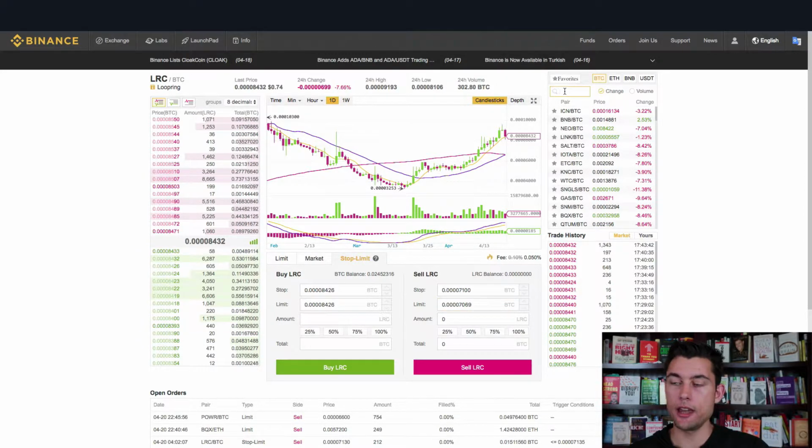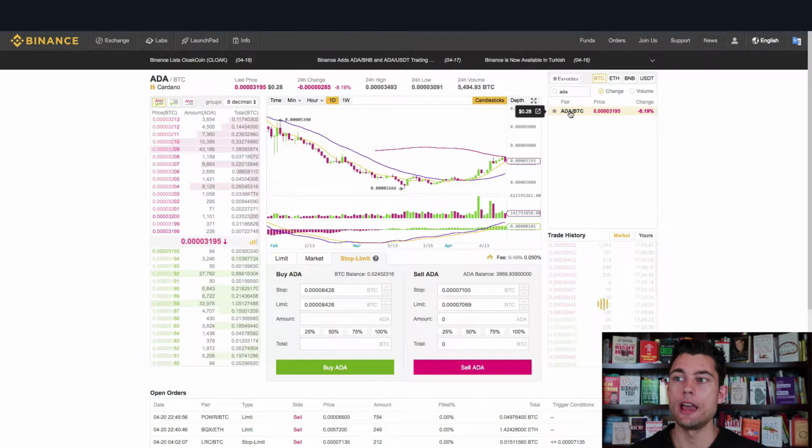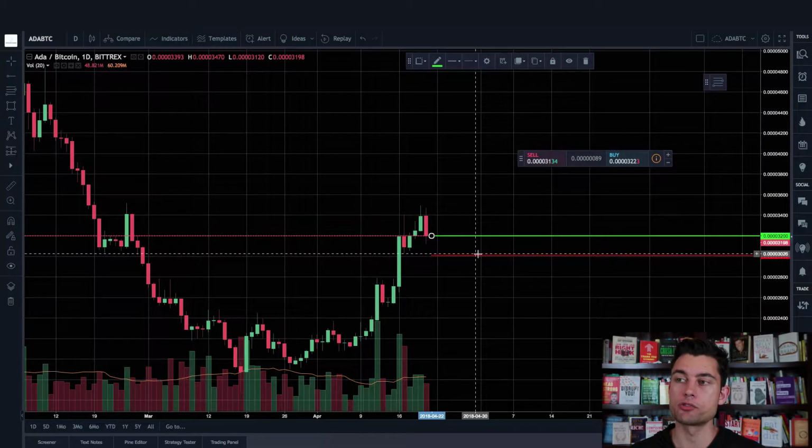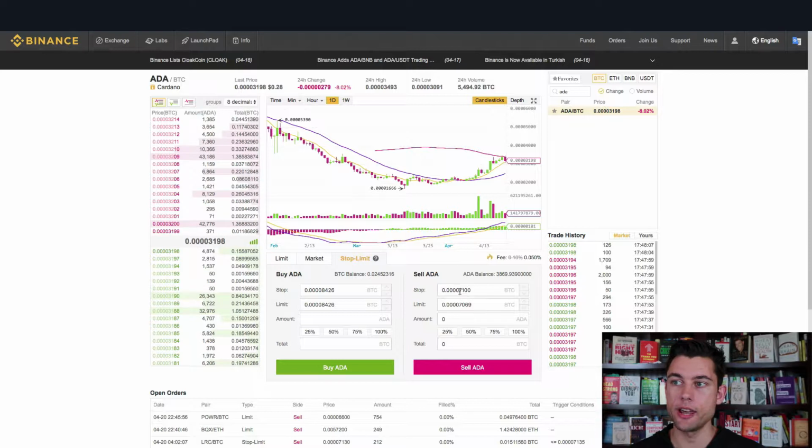And you could go to ADA BTC, and you could choose to set a stop limit order at this price right here, which is 3010. So let's say right here, we'll put this at 15.